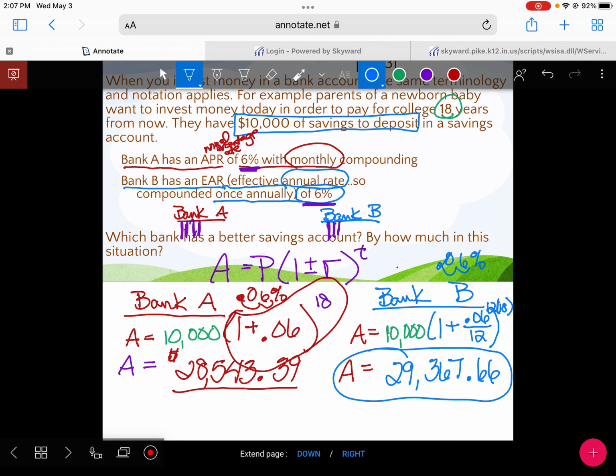So take 29,367.66 minus 28,543.39. What do we get? $824.27.